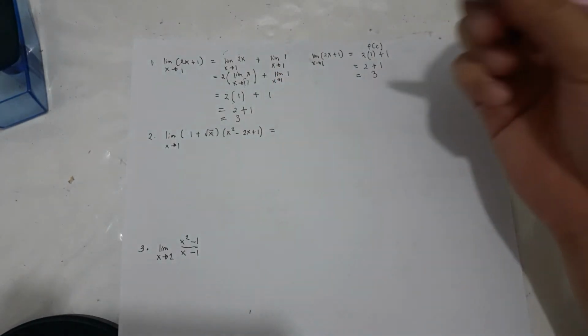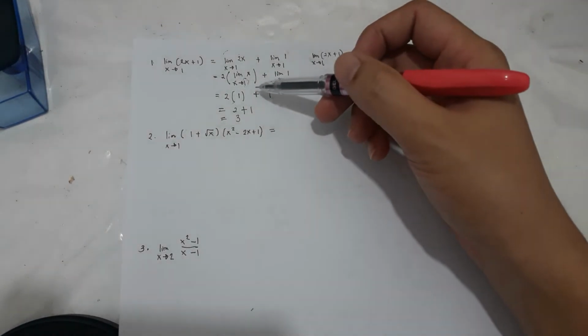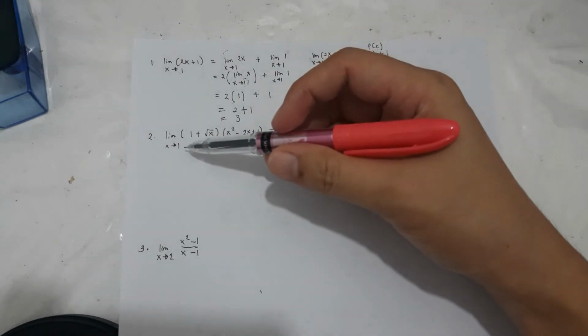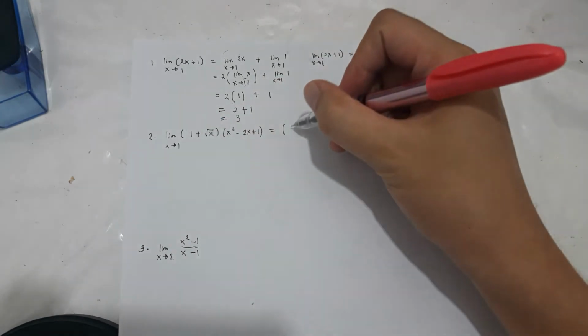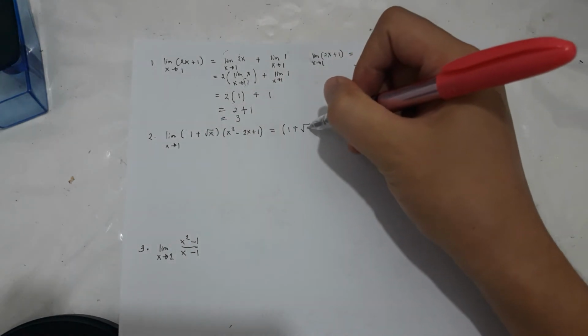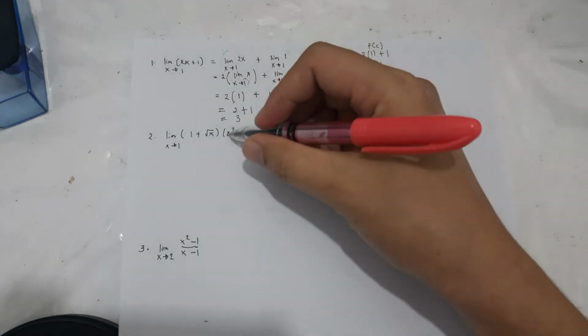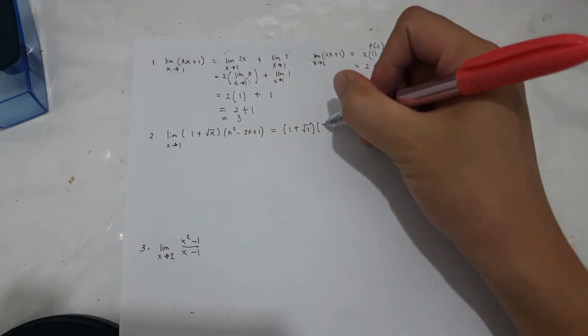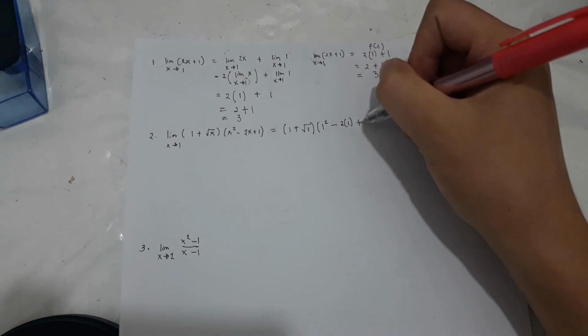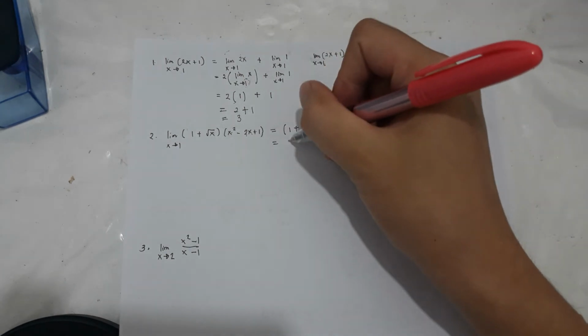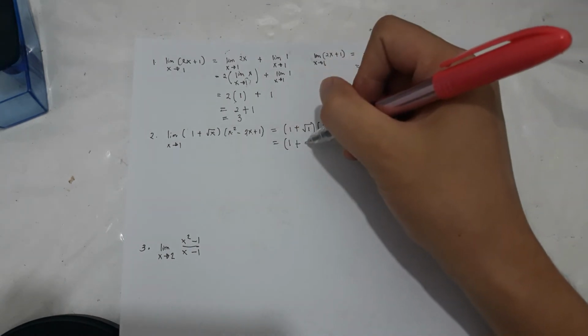So we could do this one, which would take a lot of time, but we could also use f of c. So the x, just make it 1. 1 plus the square root of 1 times 1 squared minus 2 times 1 plus 1. So 1 plus the square root of 1 is 1.